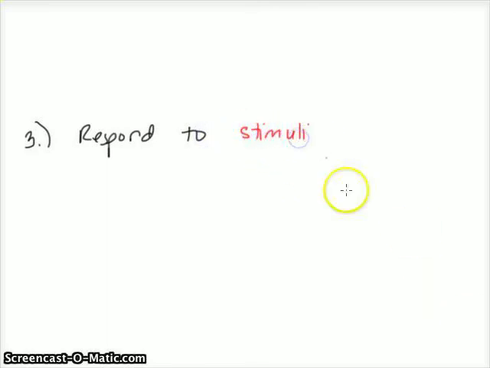Okay, so the third criteria is organisms can respond, living things can respond to stimuli. Stimuli, once again, that's in red, that's another vocabulary word.